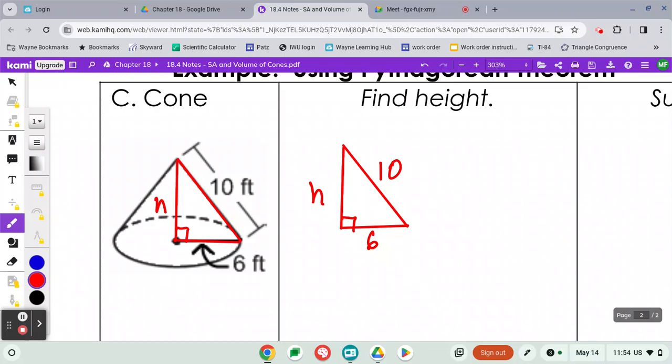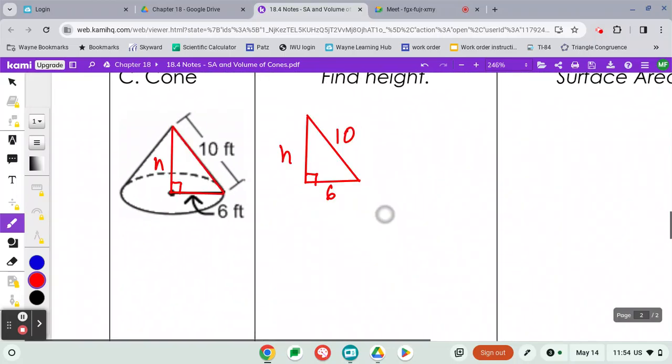Okay, so what do I set up to solve this? How do we find the missing side of a right triangle? A squared plus B squared equals C squared. And which one's the C? Not the height, the 10, because it's the hypotenuse, which I know sometimes we use H for that, but it's the 10.